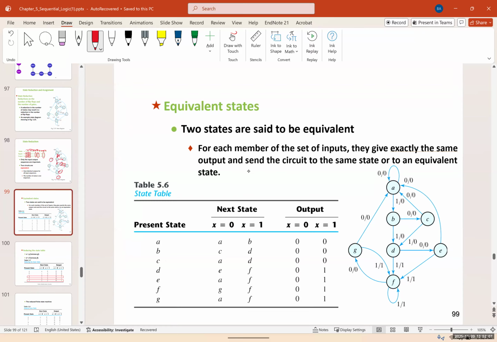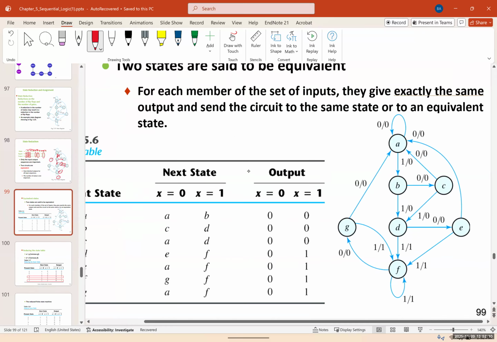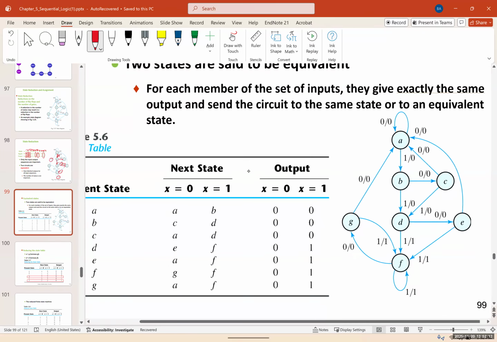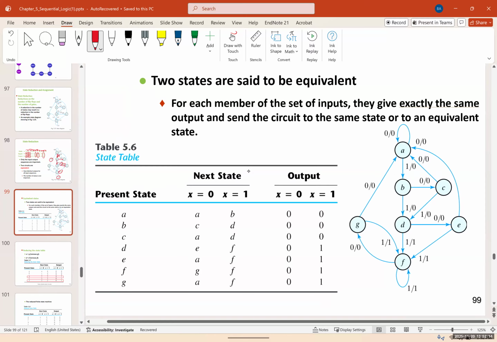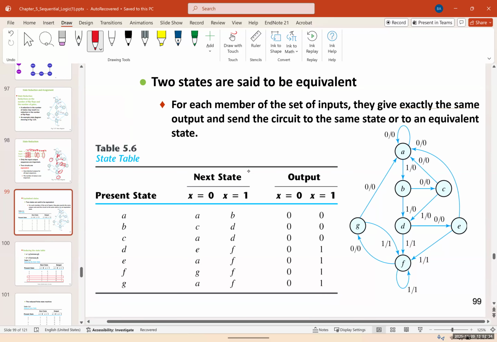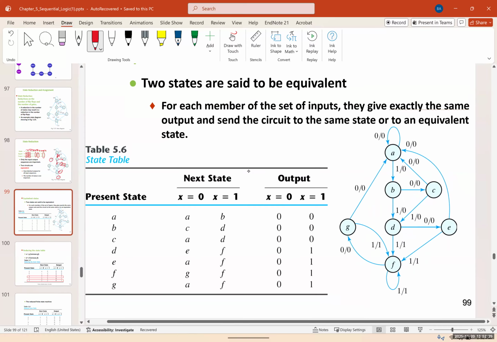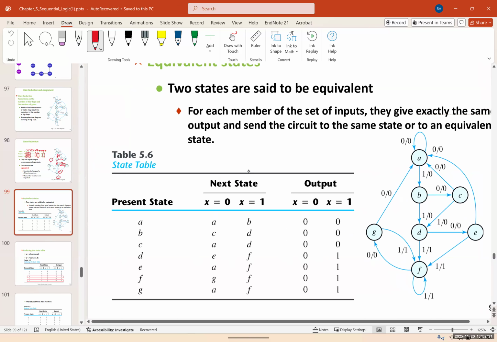Again, this is our diagram on the right, and we have the table. Again, for each member of the set of inputs, they give exactly the same output and send the circuit to the same state or to an equivalent state as well.